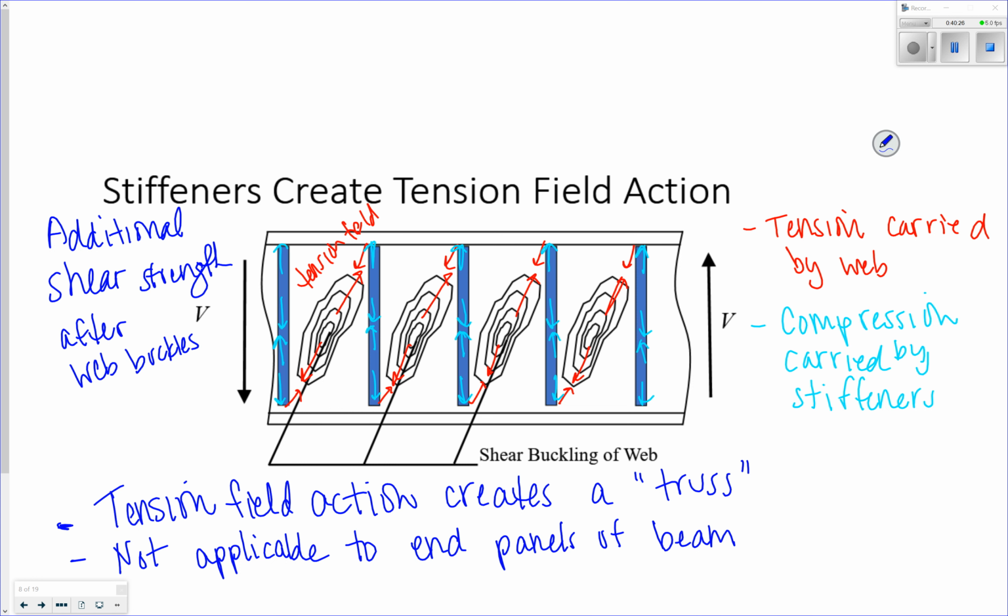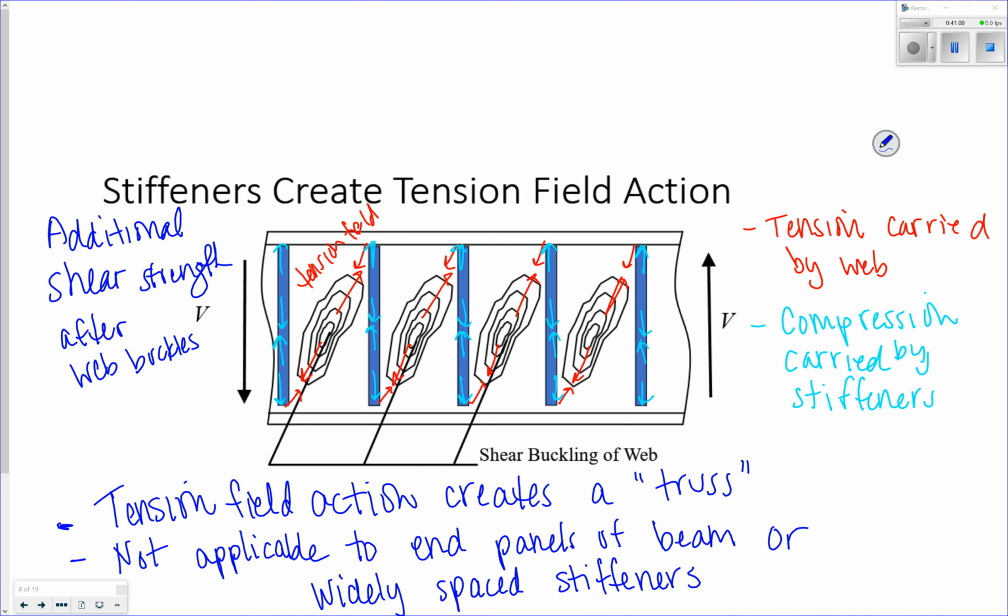It also doesn't apply to widely spaced stiffeners. You would imagine the further apart it gets, the less likely that you're going to have these tension fields occur.